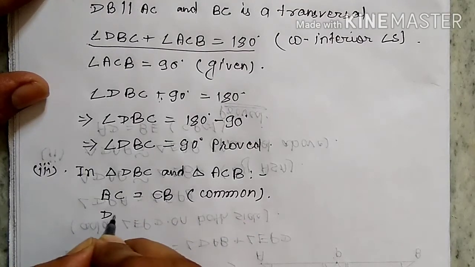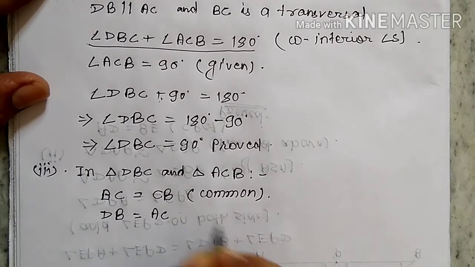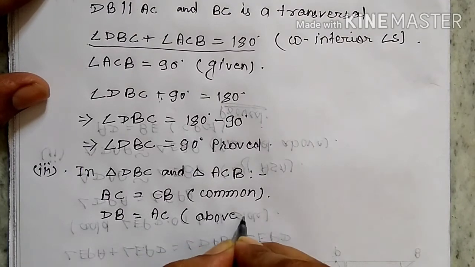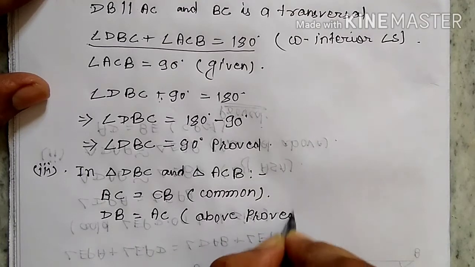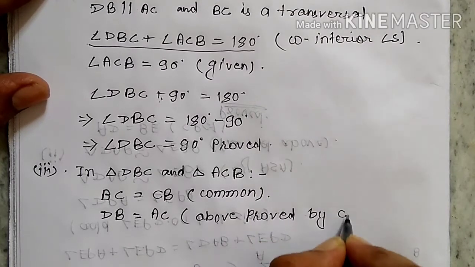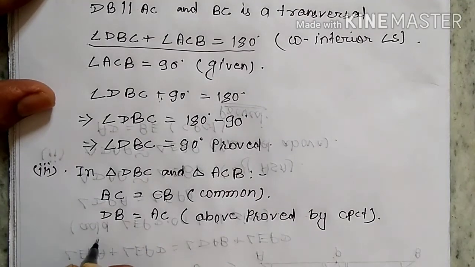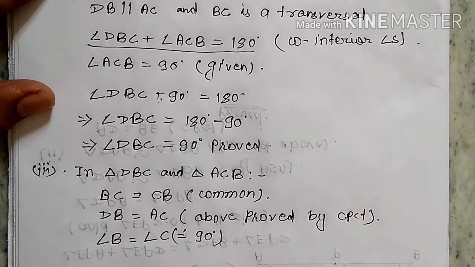DB is equal to AC, proved above by CPCT, and angle B is equal to angle C is equal to 90 degrees. It is also proved above.